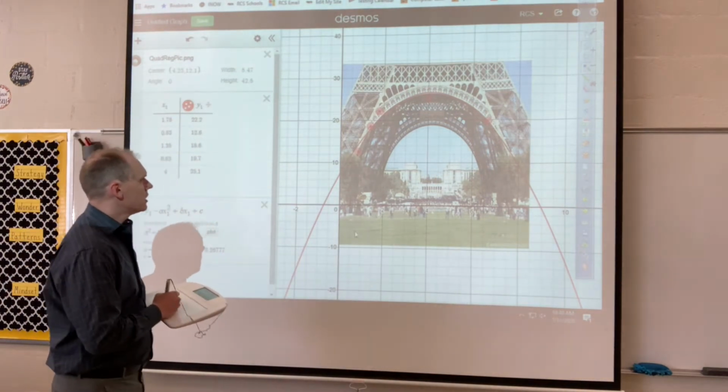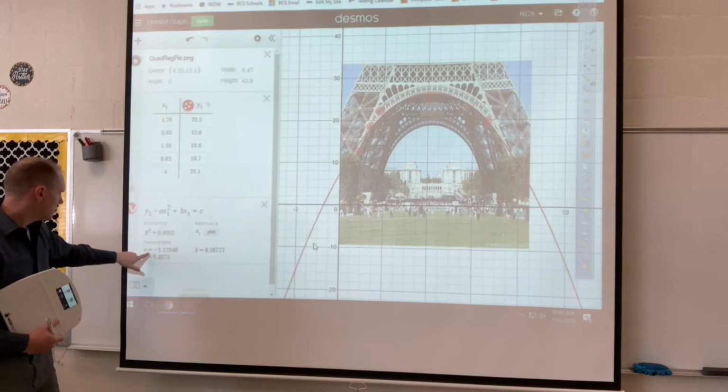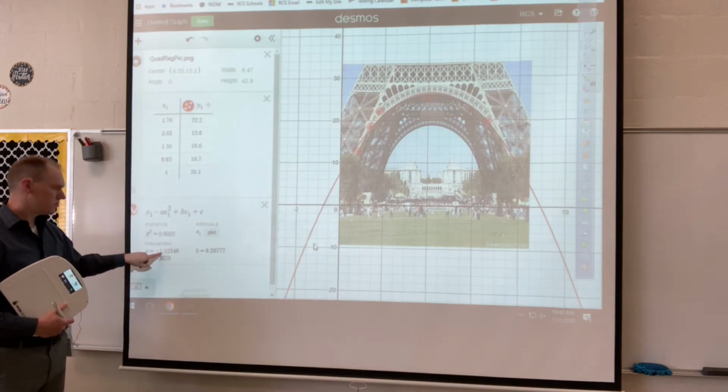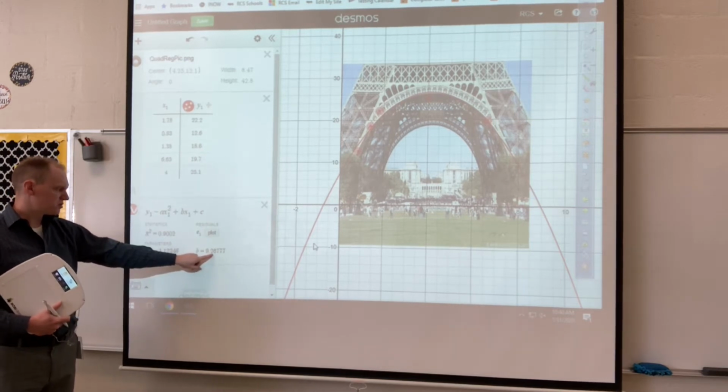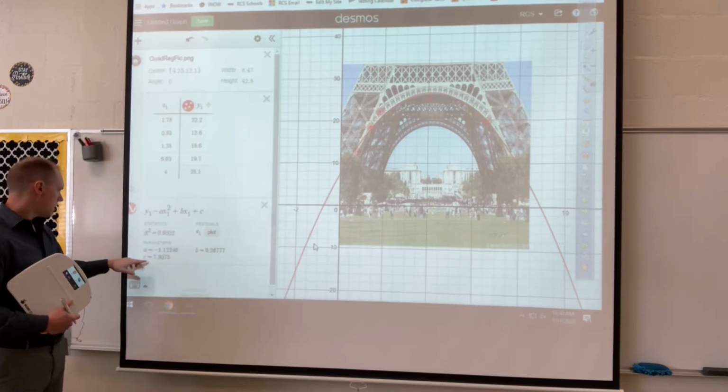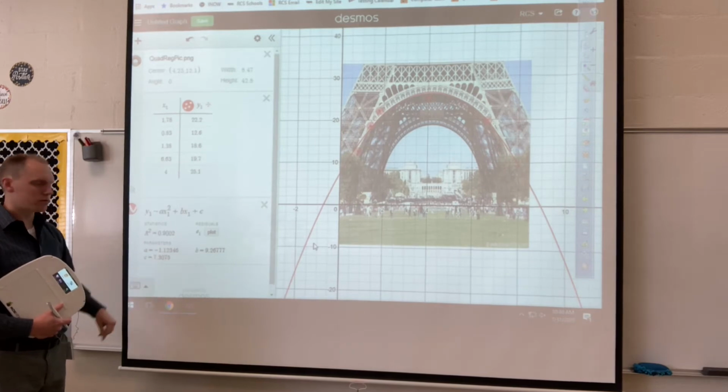Another thing we can do is look at the quadratic itself. So A is approximately negative 1.1, B is approximately 9.26, and C is approximately 7.3.